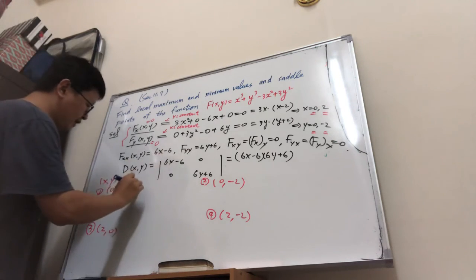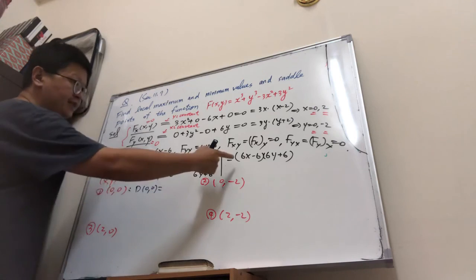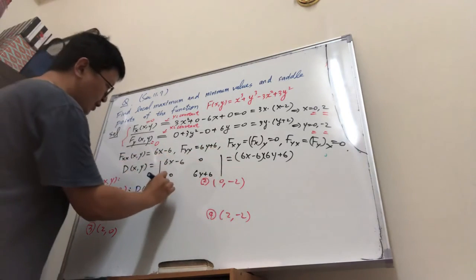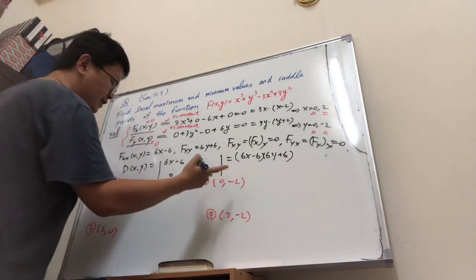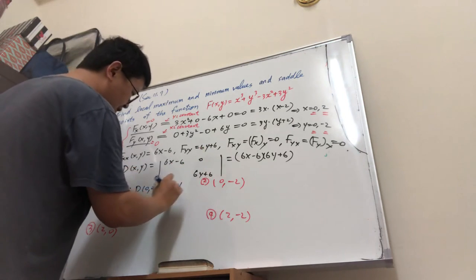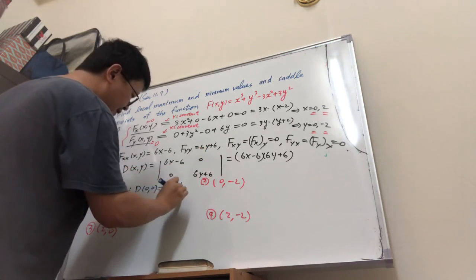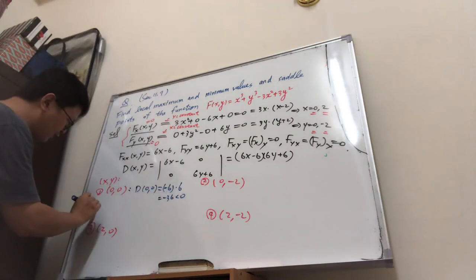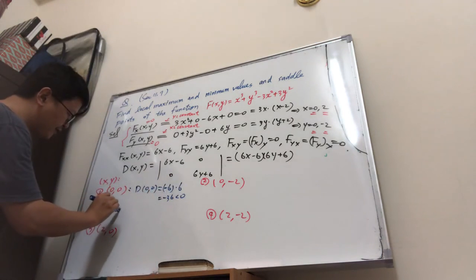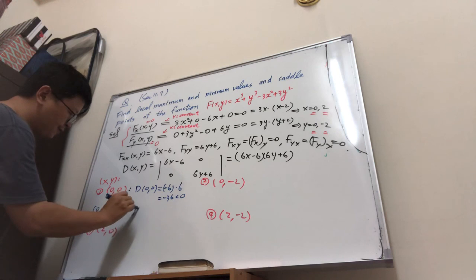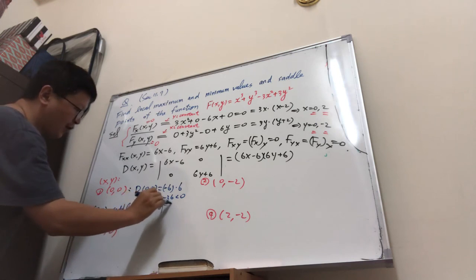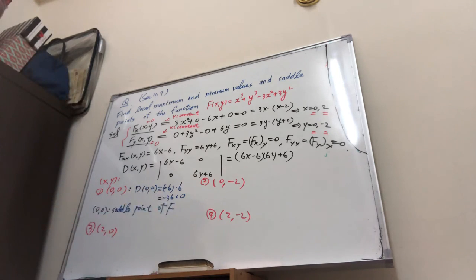D(0, 0) is 0 minus 6, which is negative 6, times 0 plus 6, which is 6. So it's negative 36, less than 0. Less than 0 means that 0, 0 is a saddle point of the function F.